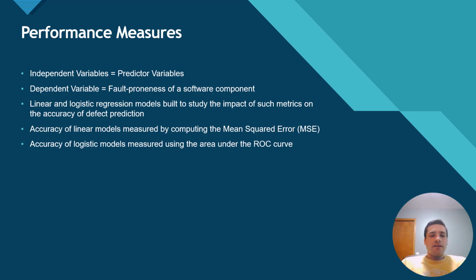From there, linear and logistic regression models were built to study the impact of such metrics on the accuracy of defect prediction. The accuracy of linear models specifically was measured by computing the mean squared error, and for logistic models, that accuracy was measured using the area under the ROC curve.